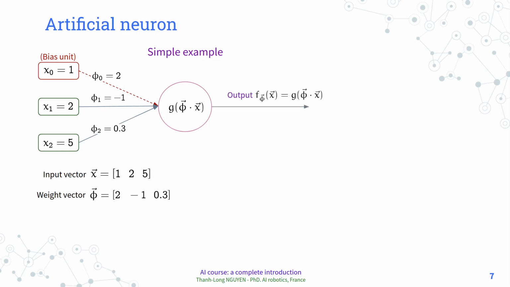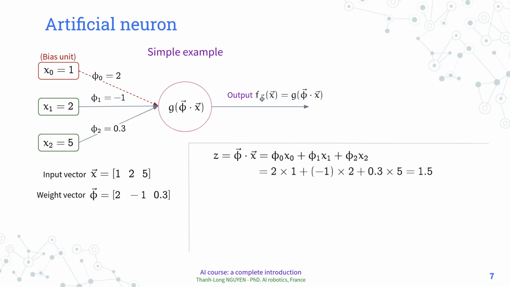Then, the output of the neuron is f of x, which equals g of phi.x. Okay? Now let's try to calculate this output f of x. First, let z equal phi.x, which is equal to phi0 x0 plus phi1 x1 plus phi2 x2. According to the example, this equals 2 times 1 plus minus 1 times 2 plus 0.3 times 5, which is equal to 1.5 in the end.